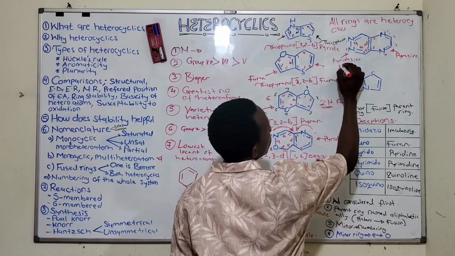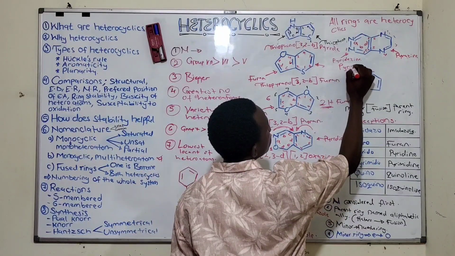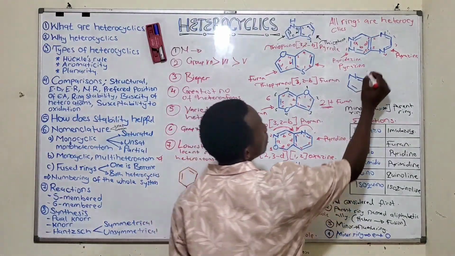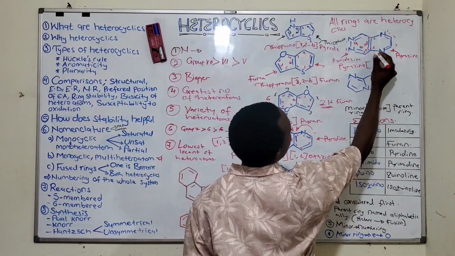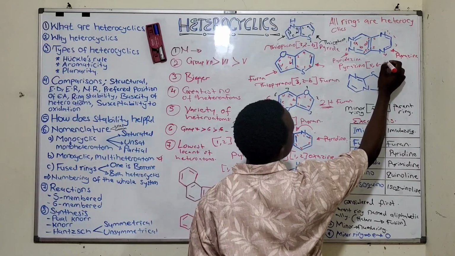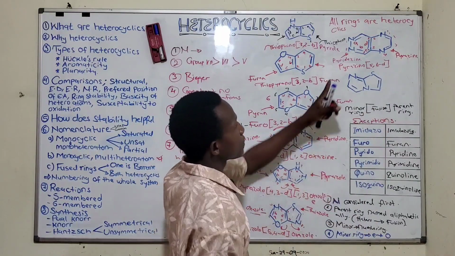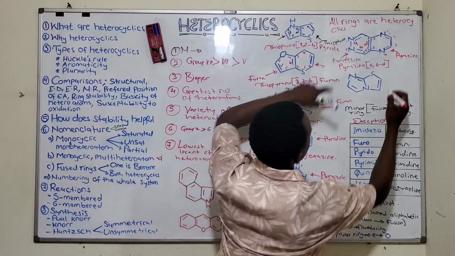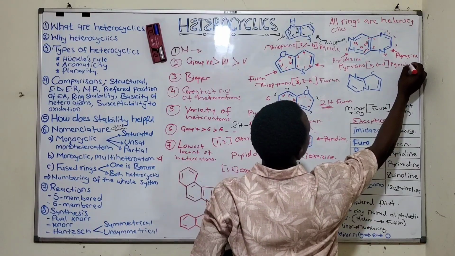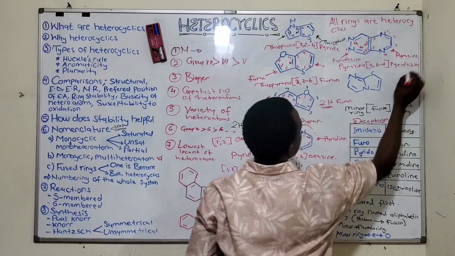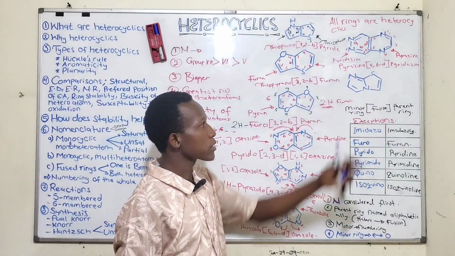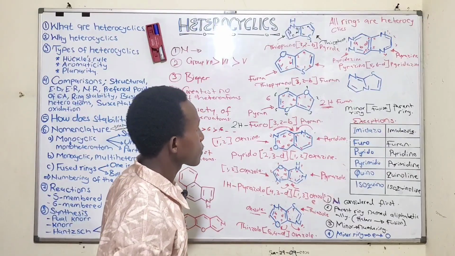So it will be pyrazino 5, 6 D of what? Of pyridazine. Pyridazine. So that's the name. Pyrazino 5, 6 first D.